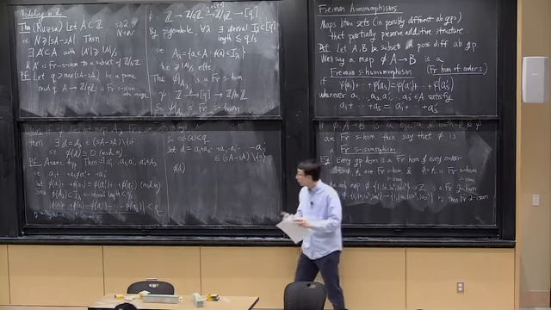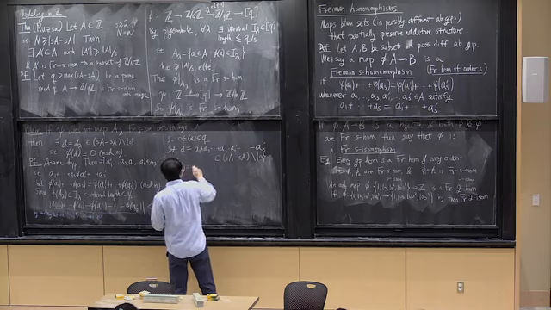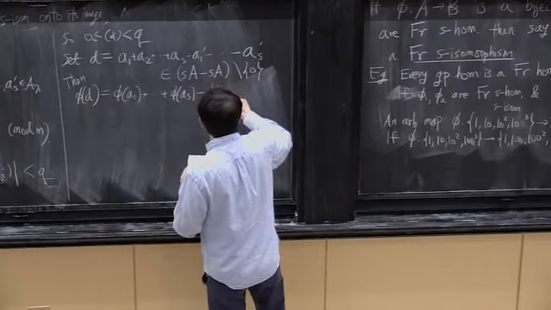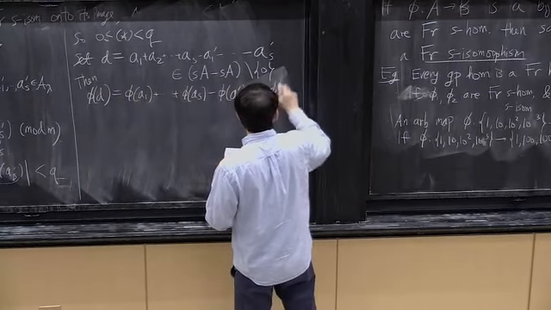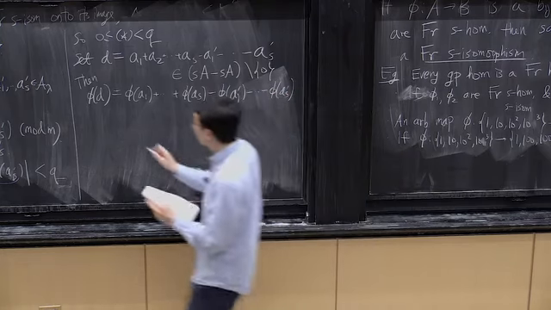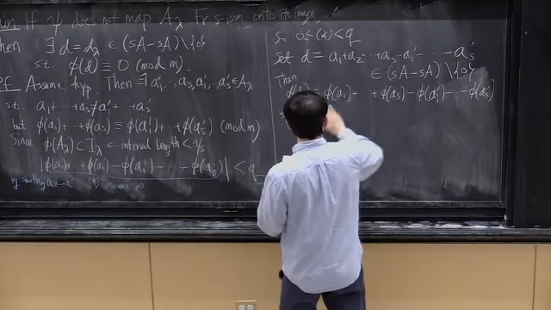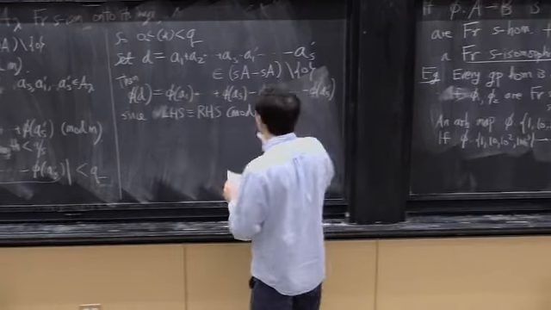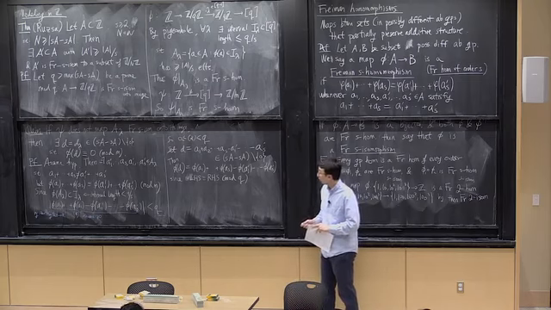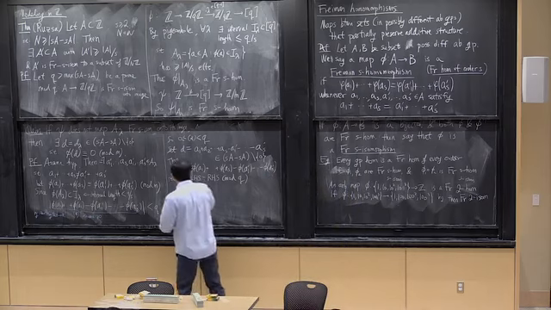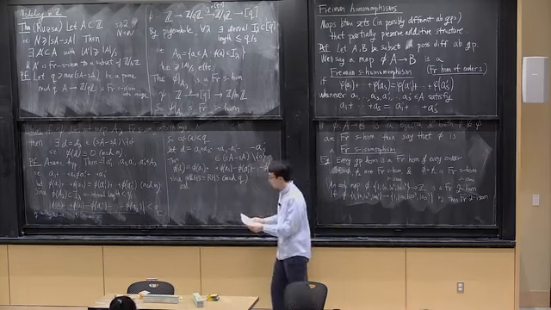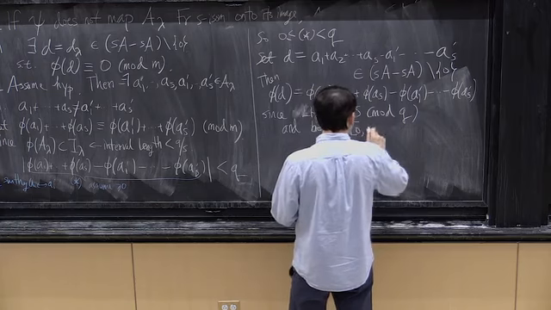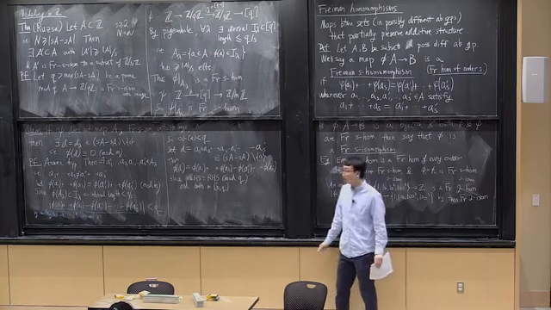I claim phi of d must be this expression over here, the difference of the corresponding sums in the image, because the two sides are congruent mod q, and furthermore, they are in the interval from 0 to strictly less than q.